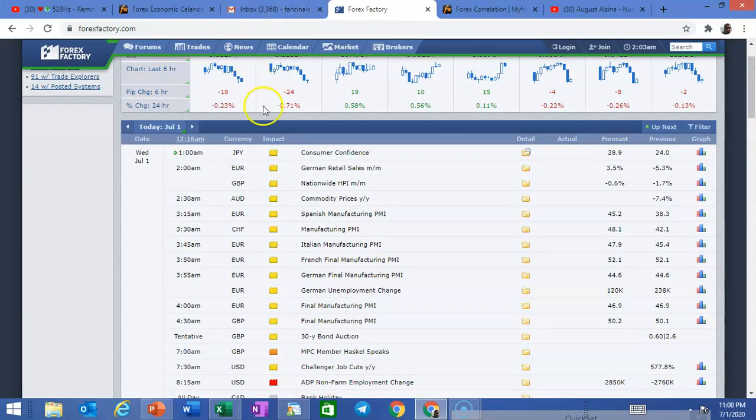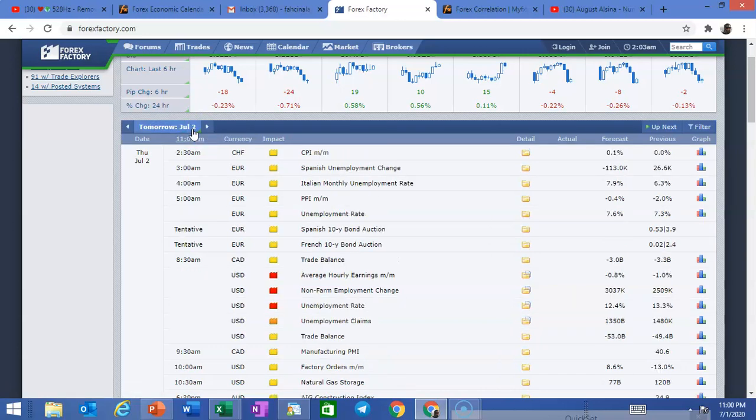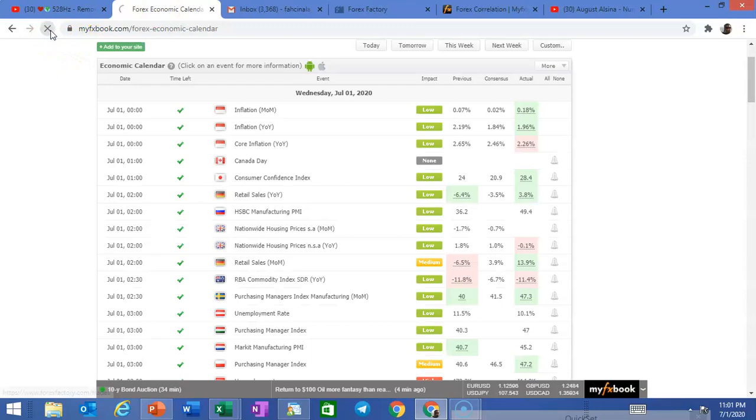So we want to look at July 2nd, and a site that gives information that Forex Factory may not. So the green checks means the news already came out.